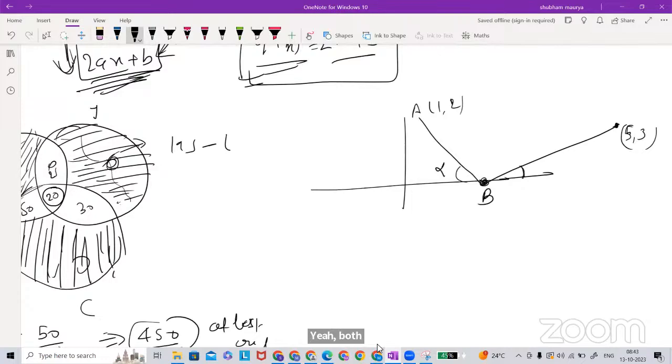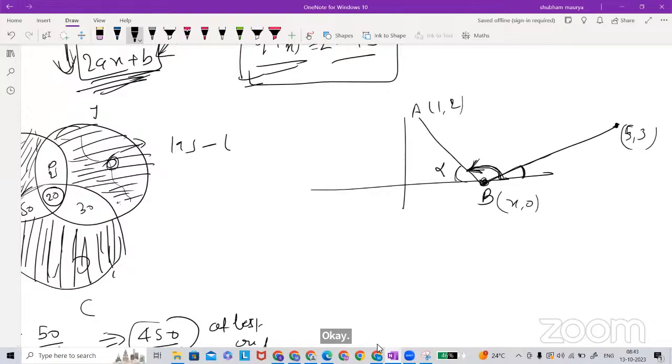Consider the coordinate of the point B on the x-axis as (x, 0) and equate the slope. If you assume here (x, 0), then we can calculate the slope for this line and the minus of the slope of the other, because this angle and this angle are the same.